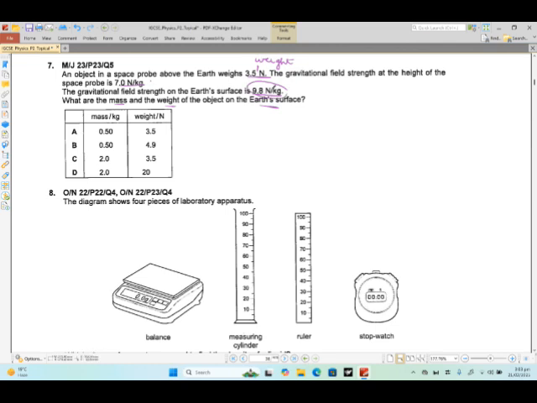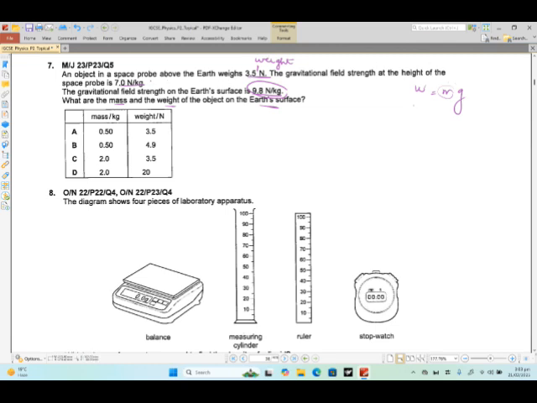So we need something else, because we have to have at least two values to find the third value. So we find the mass from these two values, because the object is the same.